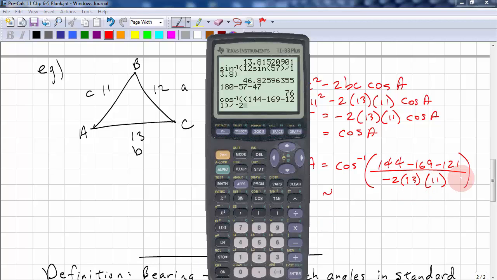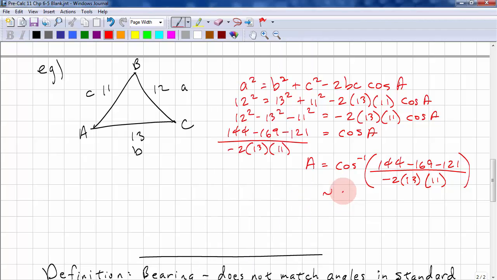And these are all in the bottom, so we need divides. Otherwise, we need brackets around the denominators if we're going to use multiply. 13 divided by 11. And we get 59 degrees. So we're calculating A, that's 59 degrees.